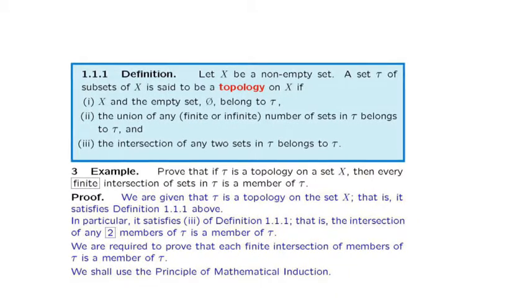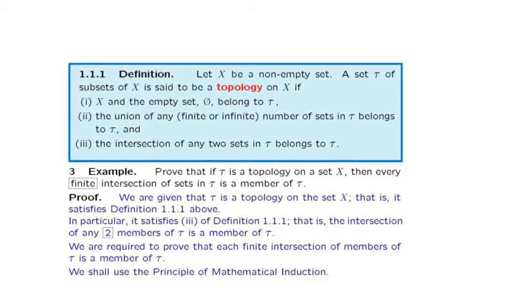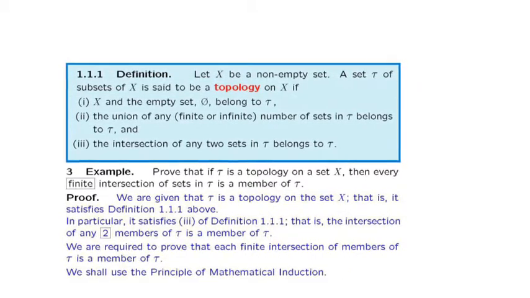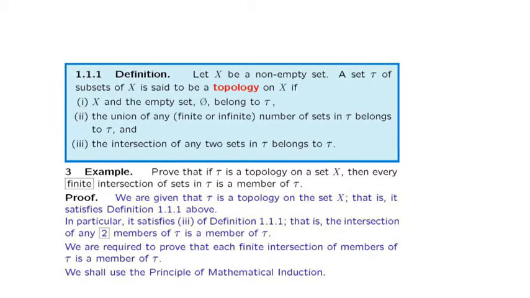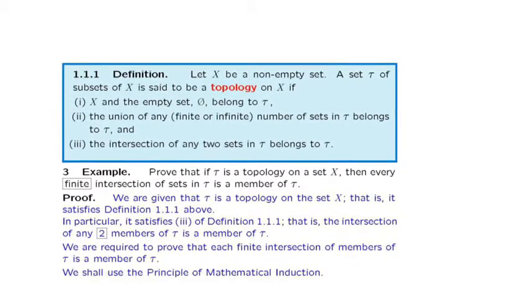We are required to prove that each finite intersection of members of tau is a member of tau. And we shall use the principle of mathematical induction to do so.